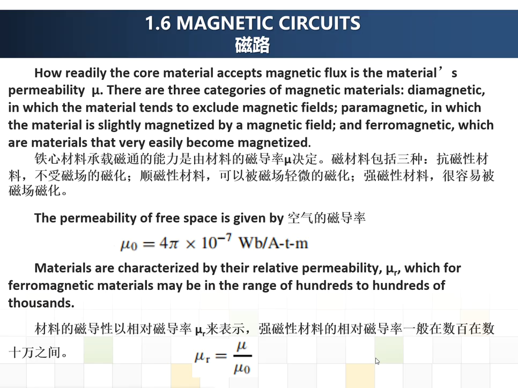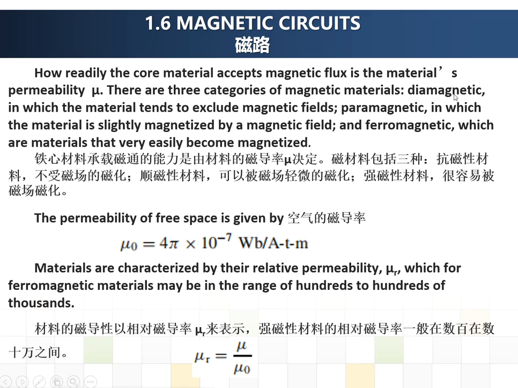How readily the core material accepts magnetic flux is the material's permeability mu. There are three categories of magnetic materials: diamagnetic, paramagnetic, and ferromagnetic.